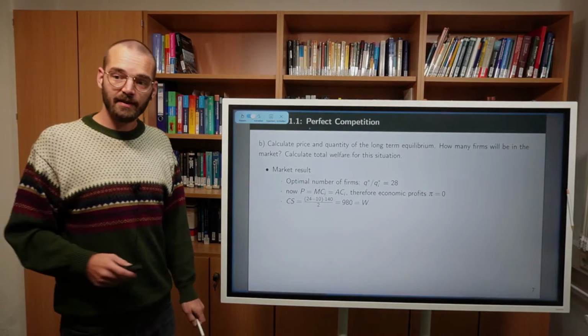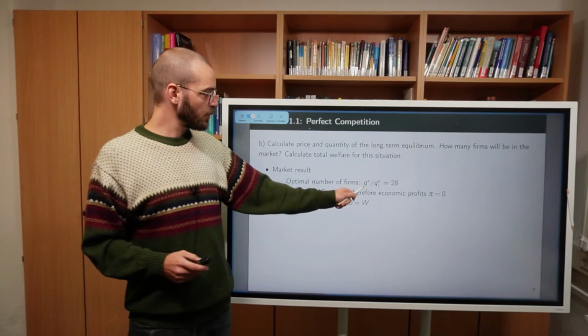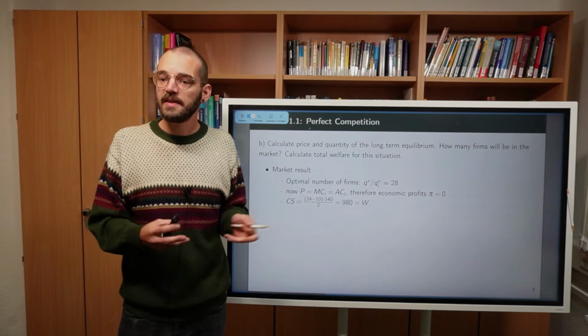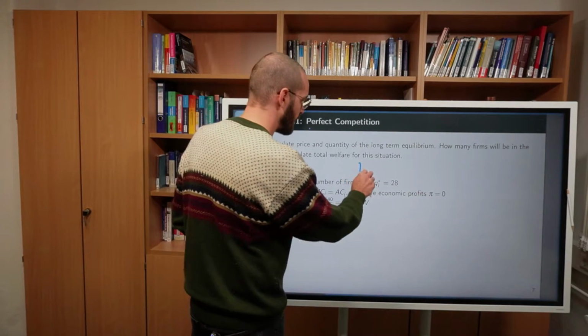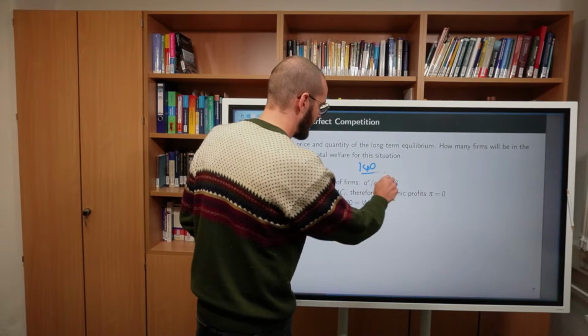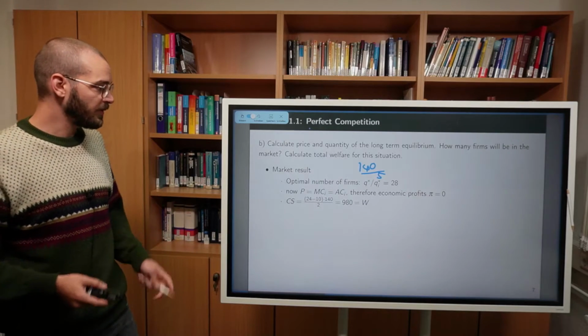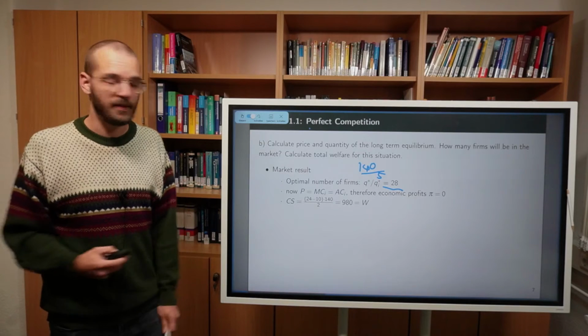We arrive at the result simply by dividing the total quantity in the market by the quantity produced by the individual firm. So what is written here is 140 divided by 5, which equals 28. So now we know that there are 28 firms in the market in the long run in equilibrium.